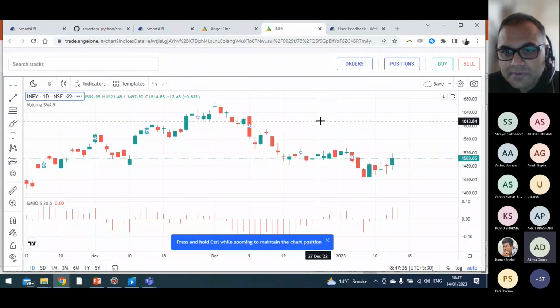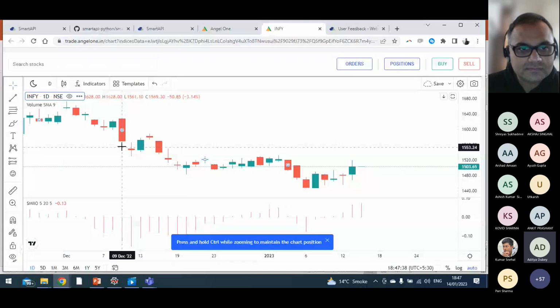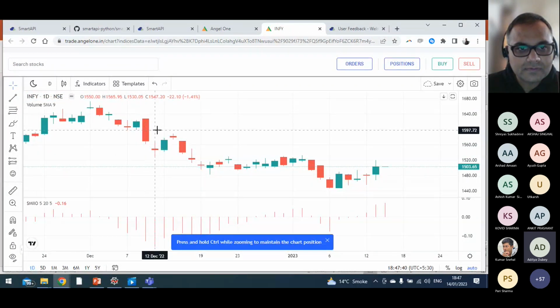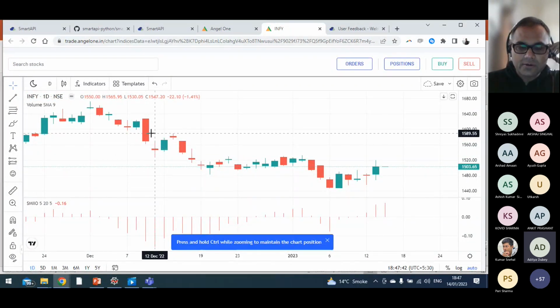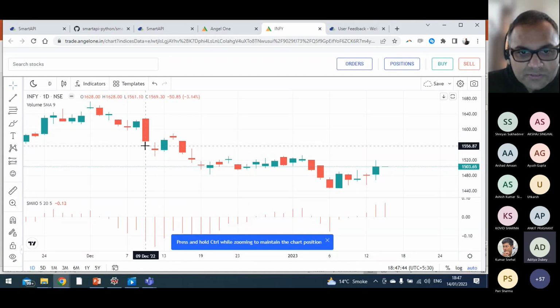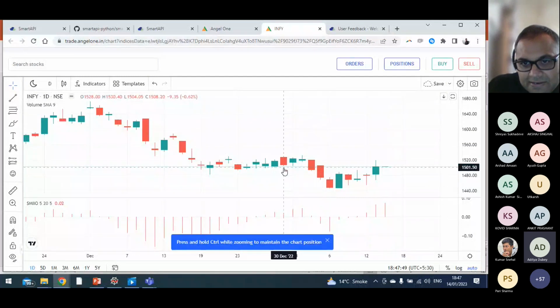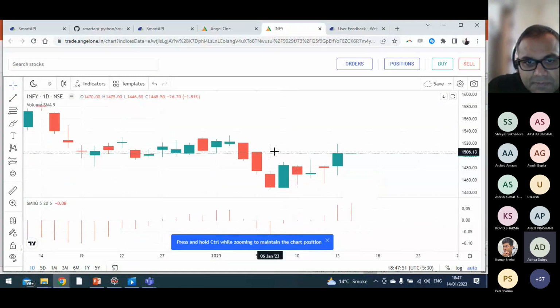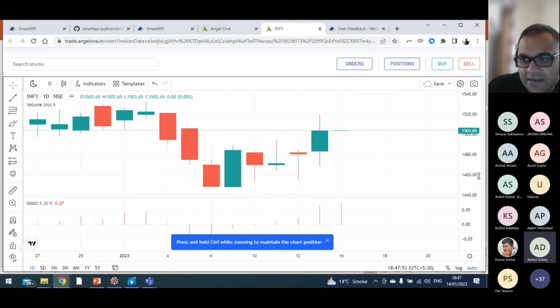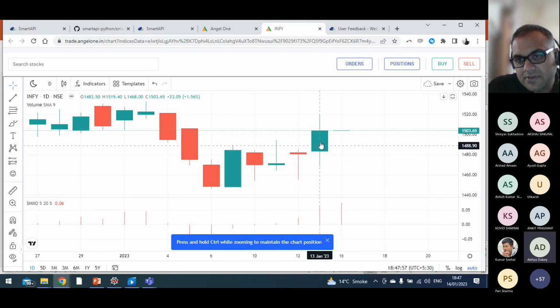Let me expand this. All right, okay, so this is not one. I want one with a candle and a wick. So let's look at this candle. Let me expand this. So this candle has a body and a wick. Let's look at the last candle. It has a body and a wick.